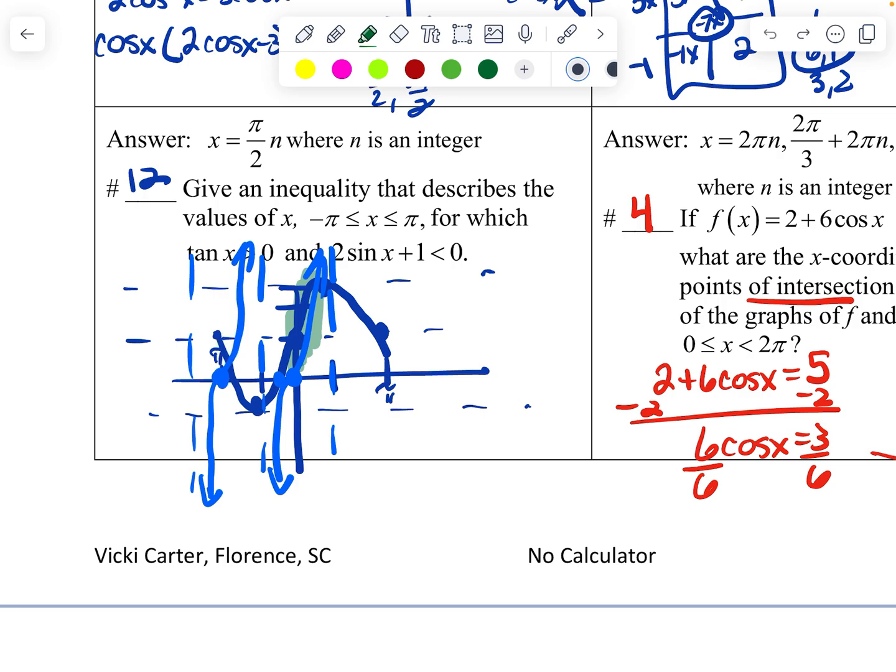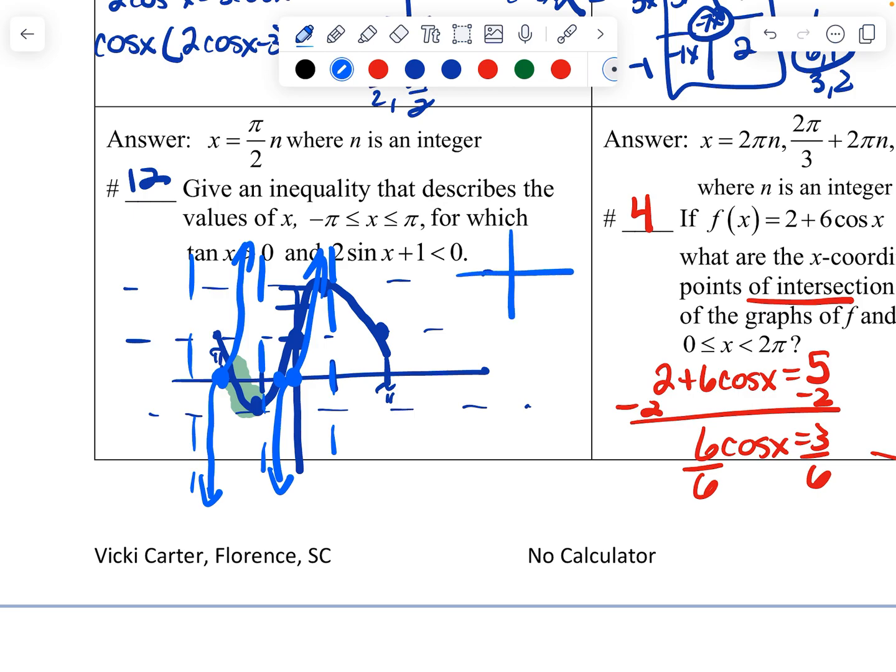Oh, sine is less than 0. I read that wrong. So the tangent is greater and the sine is less. So that would be right here. And they're both negative. And that would be it, right? Where one's above and one's below.